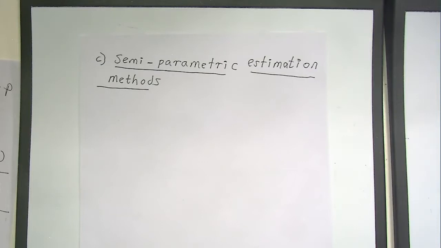Semi-parametric means that it is a combination of the two, a combination of parametric methods and non-parametric methods. There are elements of these methods which are parametric, and there are elements which are non-parametric. That's why it's known as semi-parametric.